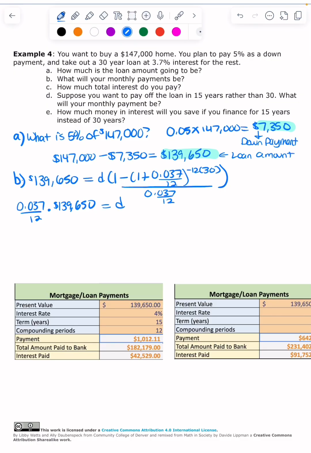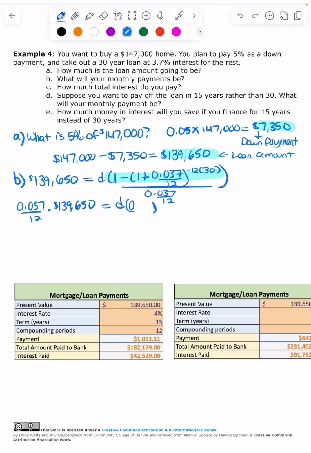And then we're also going to take the highlighted portion, or all the stuff in parentheses, and calculate that in Desmos. So I'm just going to use our last problem, and change the interest rate, and I have to change the number of years, and that's it. So because it's usually 12, so 30, and I got 0.67.